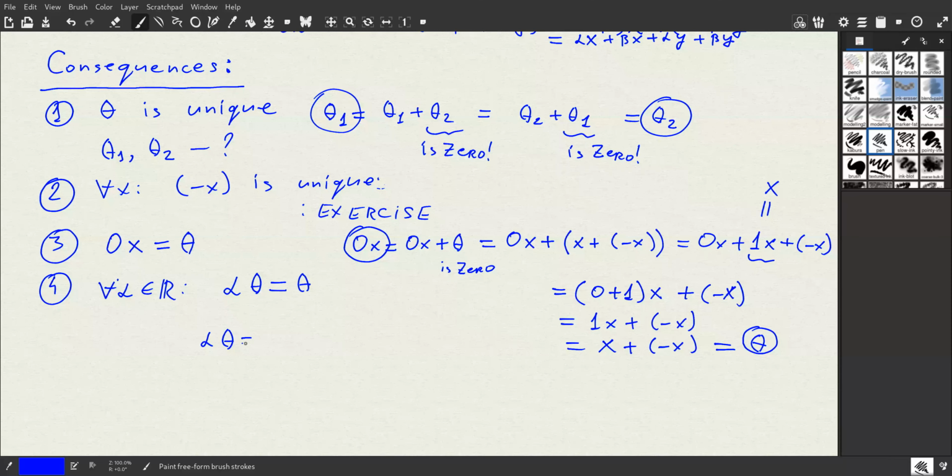We already know that theta can be written as 0x for any x which belongs to L. We have proved it just now. And therefore, by associativity, it is alpha times 0 times x, which is 0x. And again, we have proved that 0x is theta. This is done.